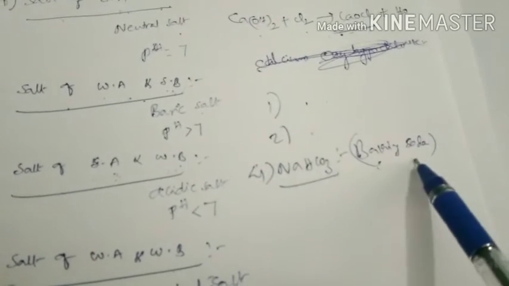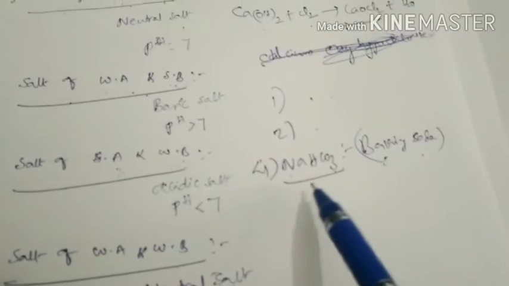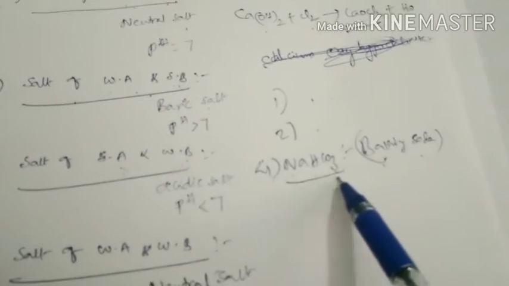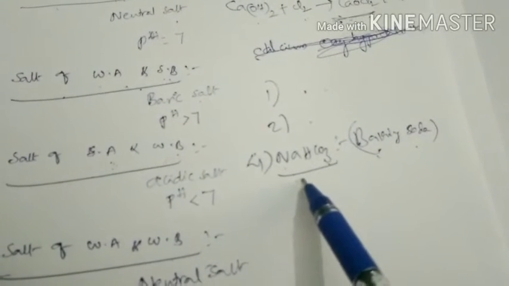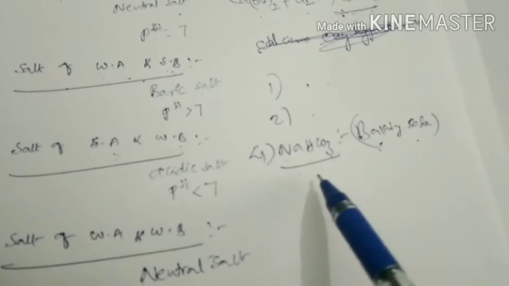That is baking soda. Its chemical formula is NaHCO3. Its chemical name is sodium bicarbonate. One more name is sodium hydrogen carbonate.